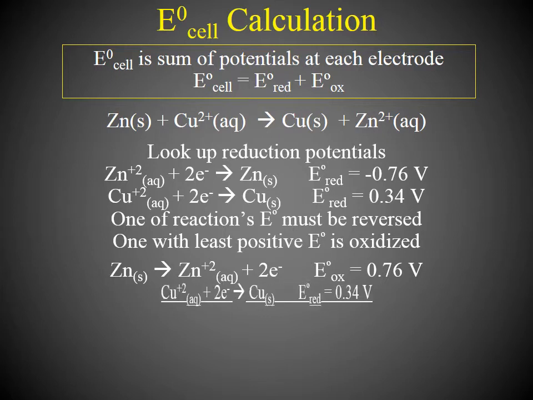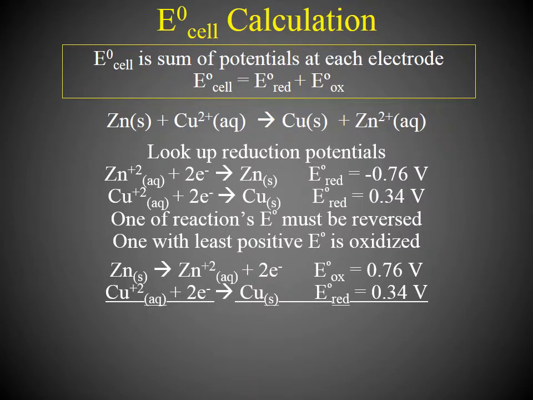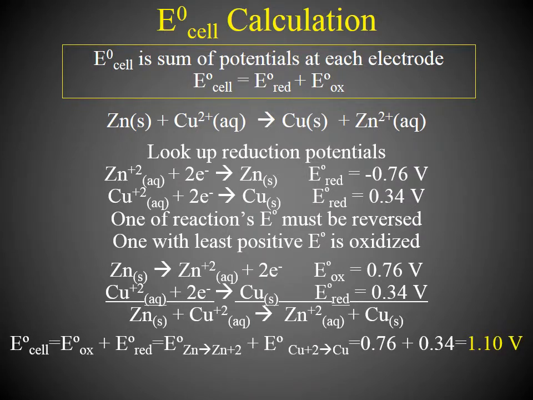I rewrite the copper 2 reduction half reaction as is, and now I add these reactions to come up with the desired overall reaction, and then I add the two cell values, and I come up with the fact that this combination of two cells provides me with a voltage of 1.10 volts.